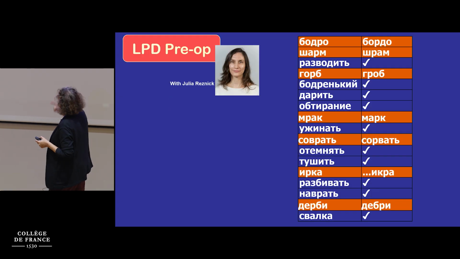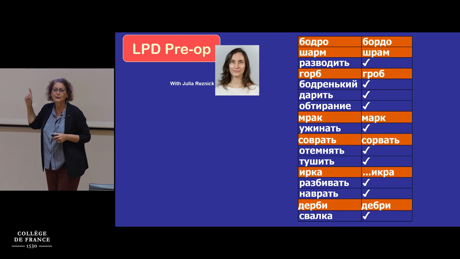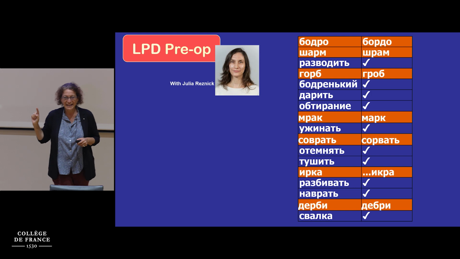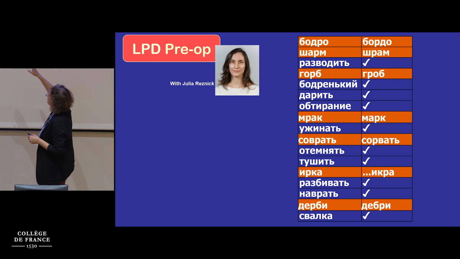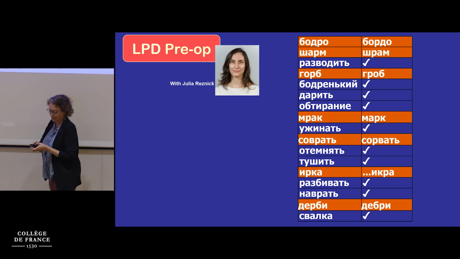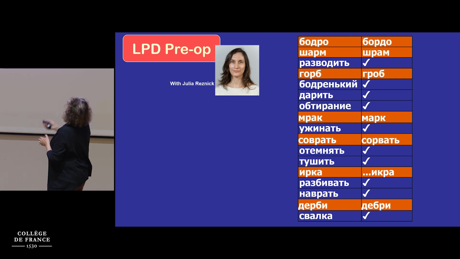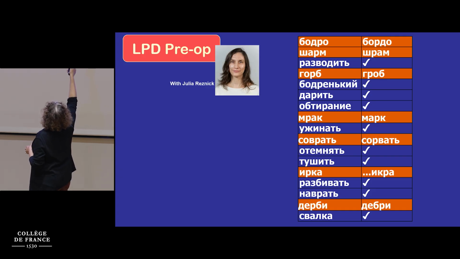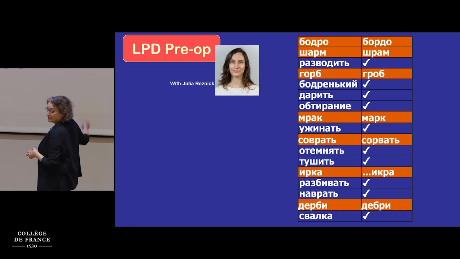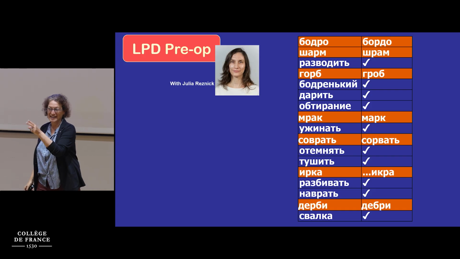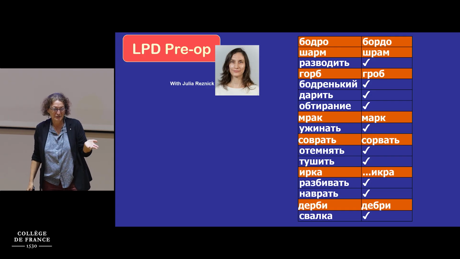And what we saw are these errors. Even if you can't read Russian, just by comparing the target word and how he read it, he read bodro as bordo, charm as shram, mrak as mark, Irka as Ikra. Exactly. He makes letter position errors.